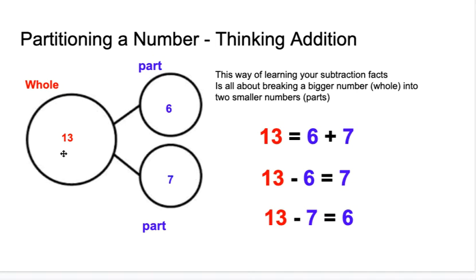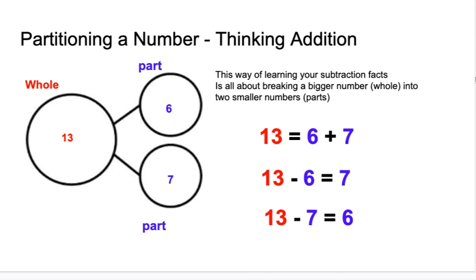One of the ways of breaking it apart into two pieces that when added together would give you 13 would be to break the 13 into a 6 and a 7, because surely 13 is 6 plus 7, and the two related subtraction facts are 13 minus 6 is 7, and 13 minus 7 is 6.